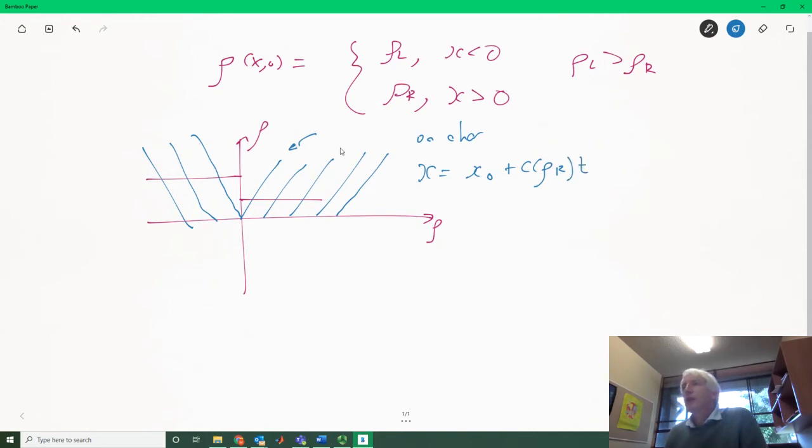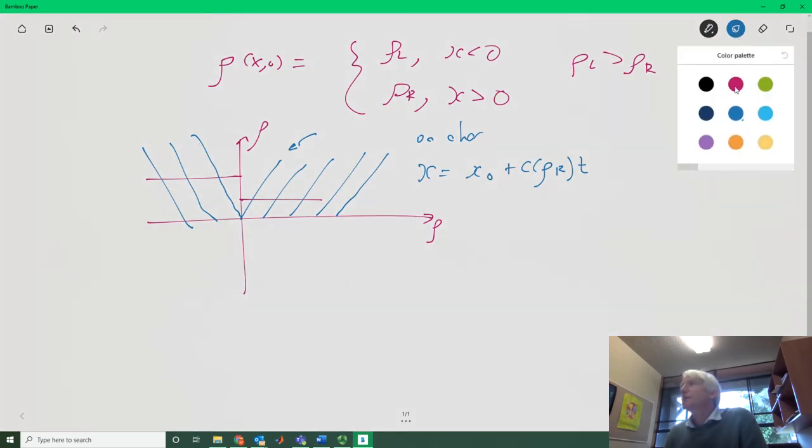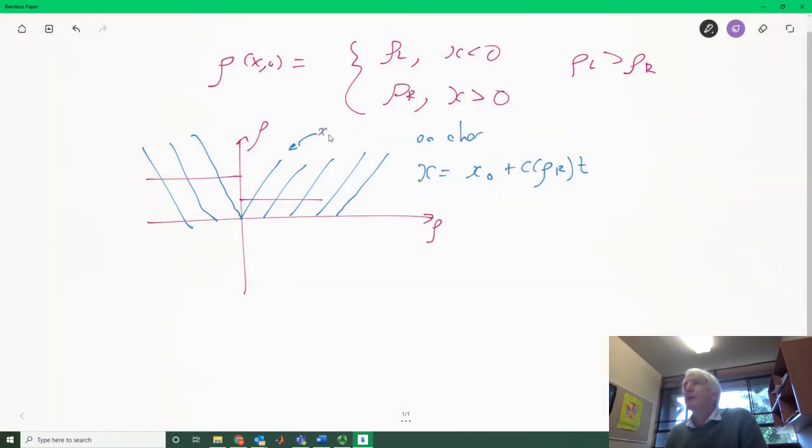Okay, now of course on this characteristic, that's the equation here, or rho left if we want. So on this curve here, x naught is equal to 0. So x is equal to c of rho R t. And likewise here, x is equal to c of rho left t.